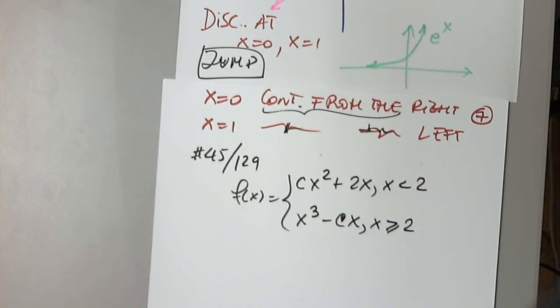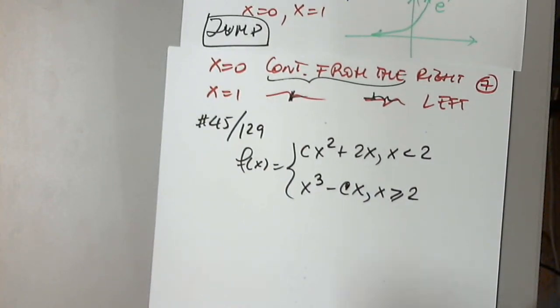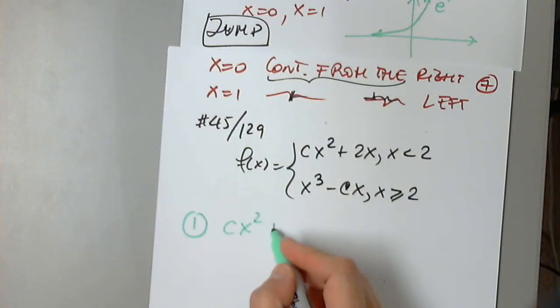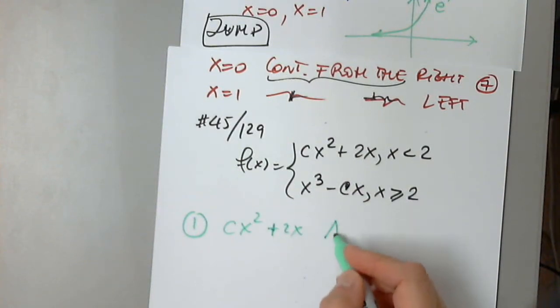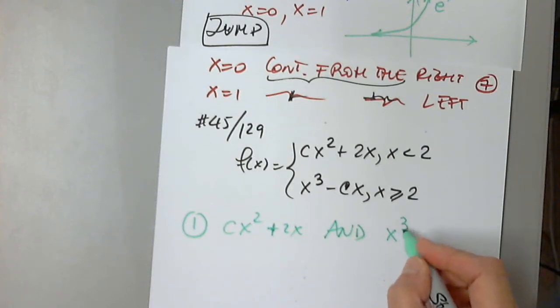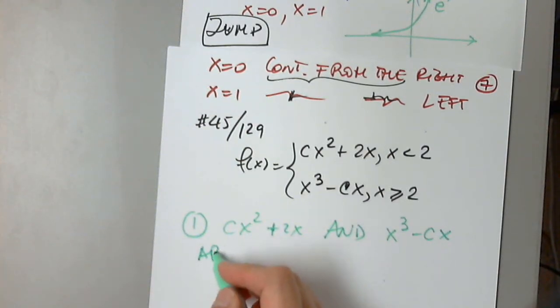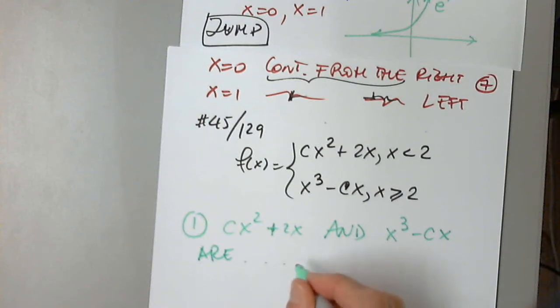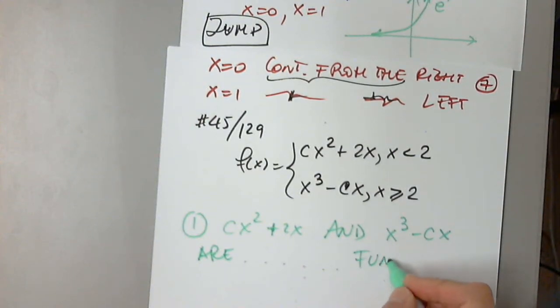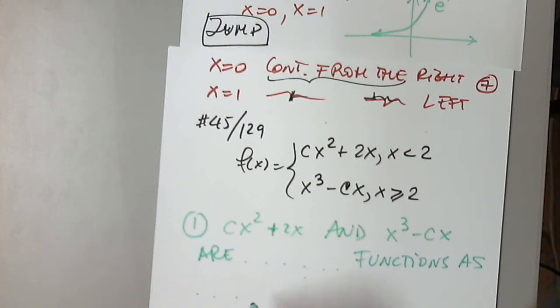In such a problem, the first thing I have to write is that cx squared plus 2x and x cubed minus cx are functions.